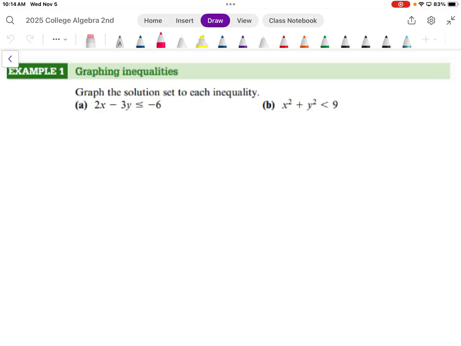I'm going to give you some ground rules of how you could go about doing this. But instead of having an equal sign, we have these inequality symbols.